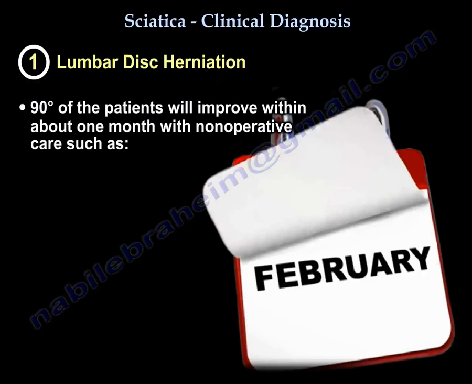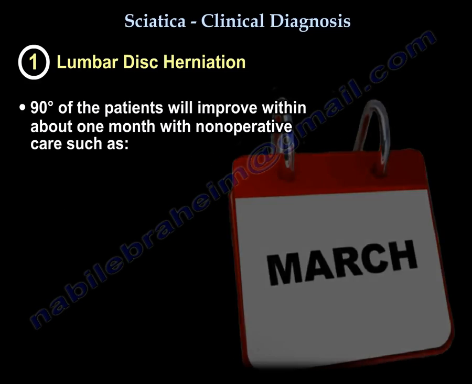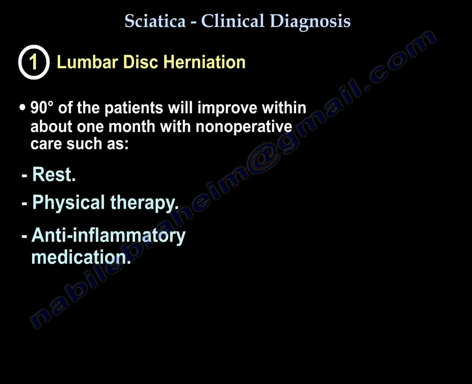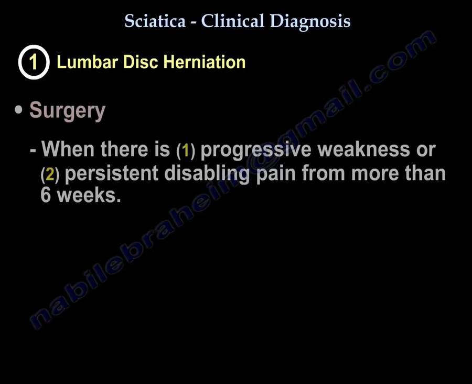90% of the patients will improve within 1 month with non-operative care like rest, physiotherapy, and anti-inflammatory medication. When do you do surgery? You do surgery when there is progressive weakness or persistent disabling pain for more than 6 weeks.